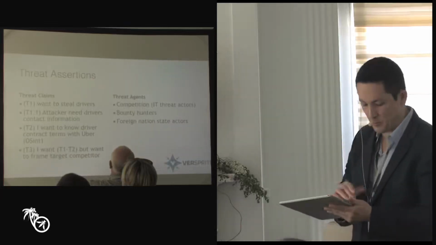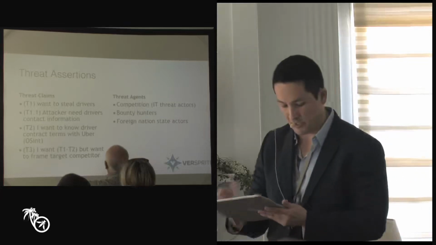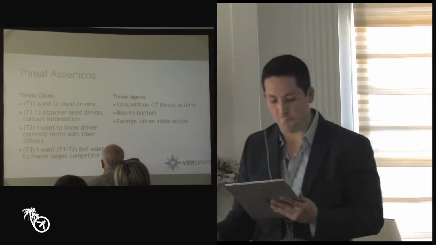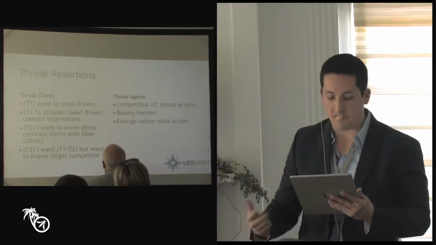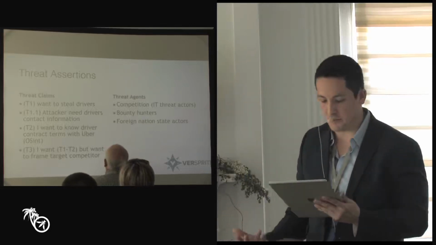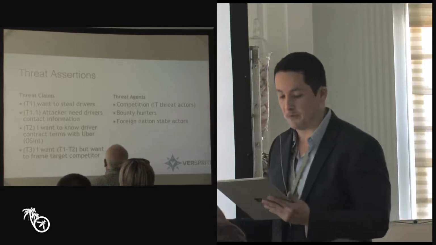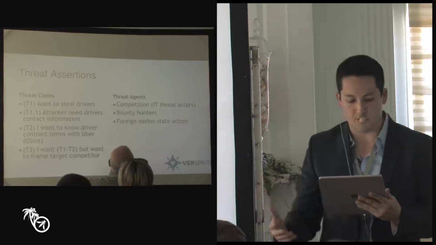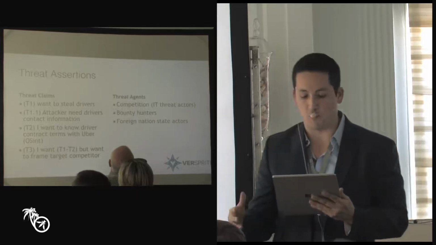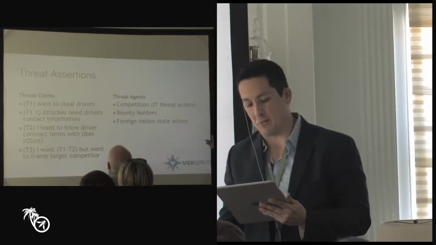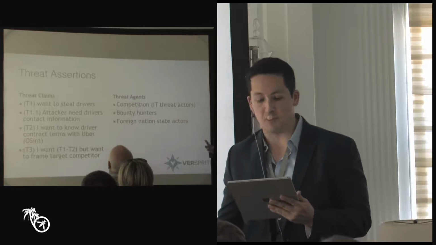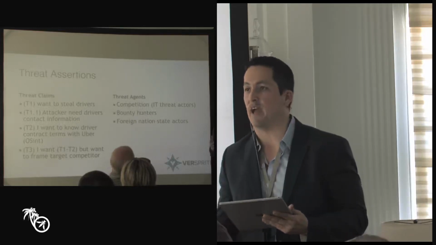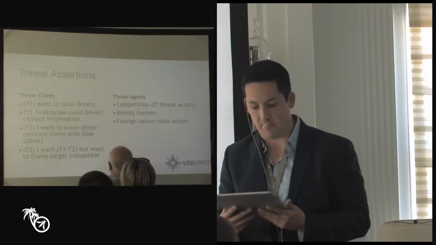Now, some threat assertions that we can make from this, and we're going to go into our attack trees here. Number one, we want to steal drivers. The attacker needs drivers' contact information in order to recruit them and maybe socialize them in order to flip. We want to be able to know contract terms with Uber, so that may or may not be really related to information that's managed within containers, unless there is a database that actually has contractual terms and stuff like that.